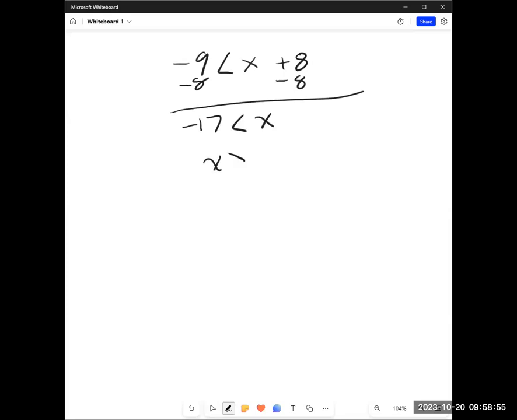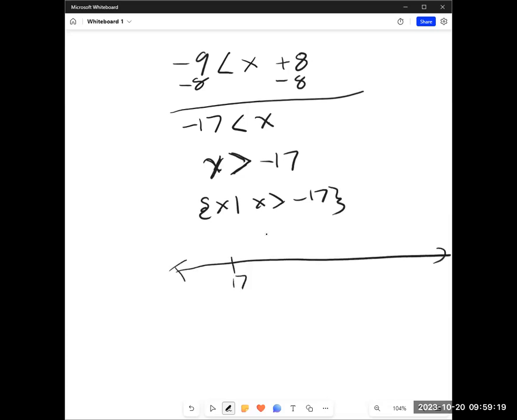I'm going to switch my inequality around here to say x is greater than. See how the big side of the inequality sign is towards x. So when I write the x on the left-hand side, I'm going to keep the big side towards the x. X is greater than negative 17. So this is my set of all x's such that x is greater than negative 17.